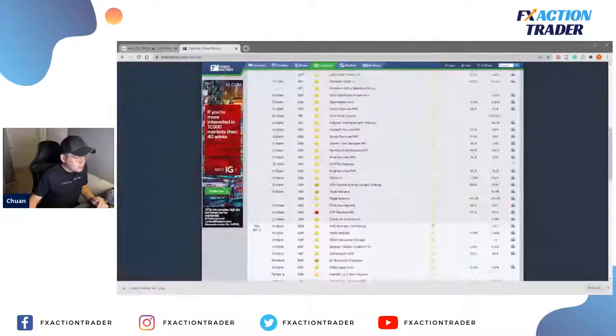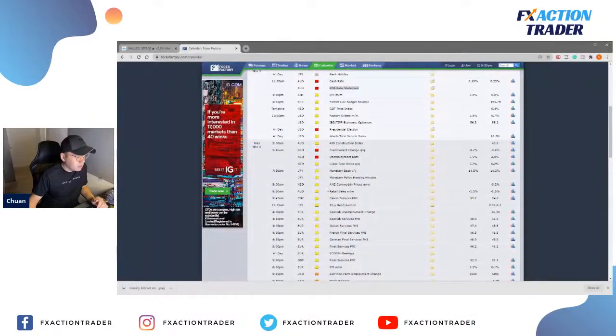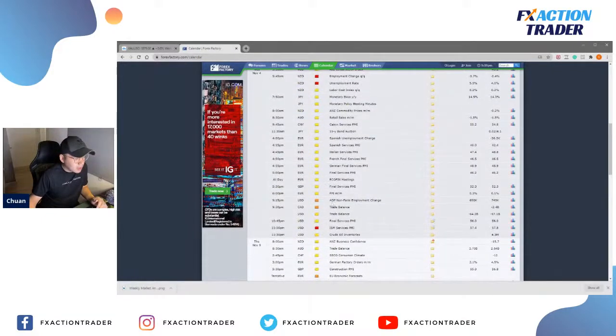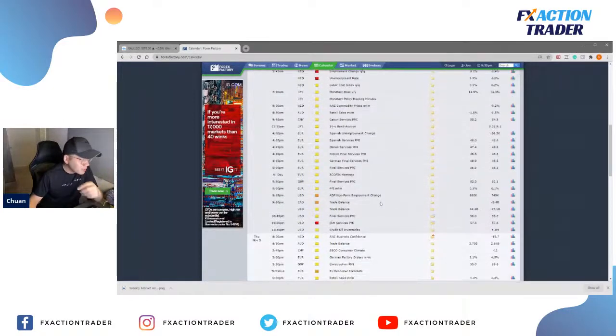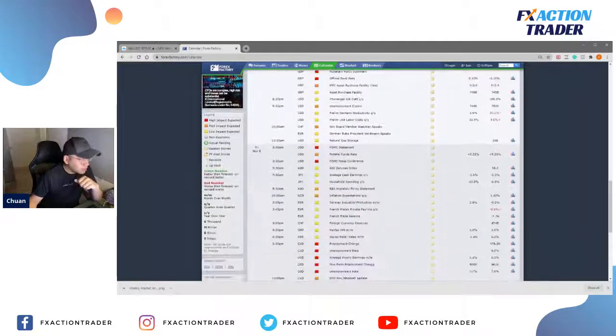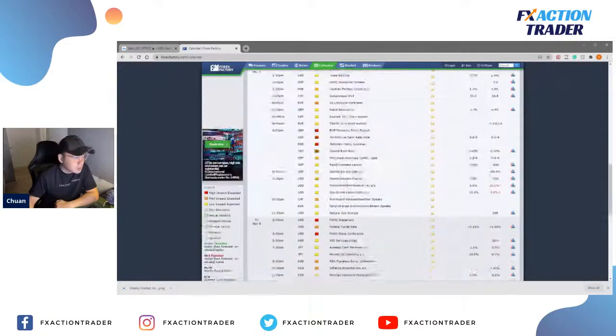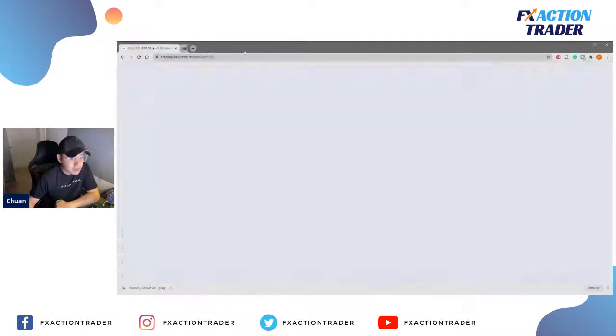And on Wednesday as well, 4th of November, we have the ADP, which we can call the pre-NFP. On Friday, we have the NFP for November, the non-farm payroll or non-farm employment rate, which falls on every first Friday of the month. All right, so let us move to our chart.